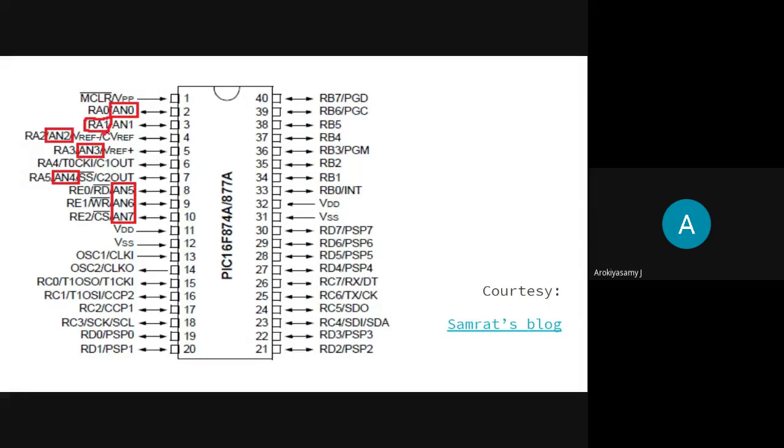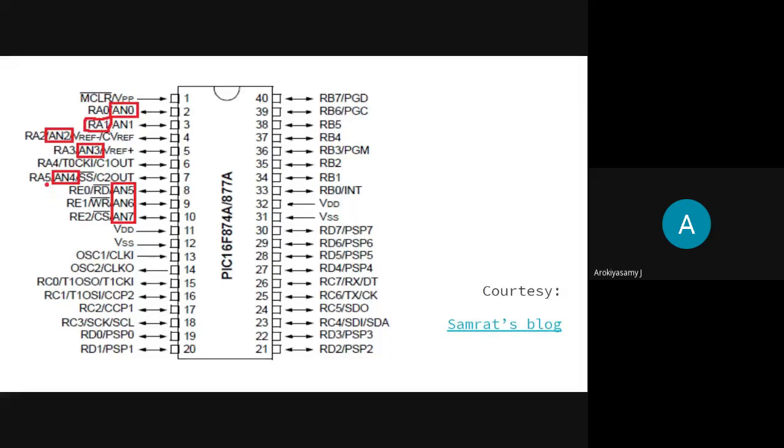Similarly, pin 3 is RA1. That means the first bit of port A. Here you see the second bit of port A. Here you are looking at the third bit of port A. RA4, fourth bit of port A. RA5, fifth bit of port A. So the numbering runs from RA0 to RA5.